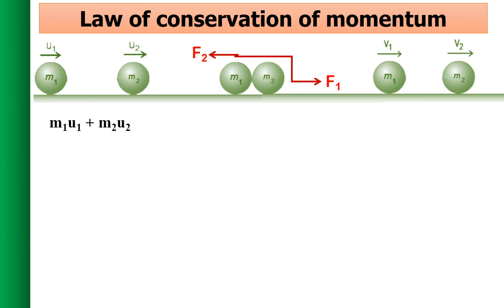So before collision the total momentum of two bodies is m1 u1 plus m2 u2, and after collision the total momentum of the bodies becomes m1 v1 plus m2 v2.